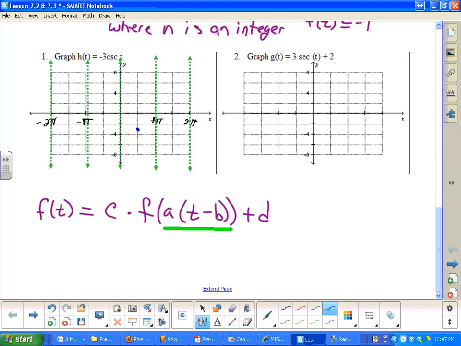At pi over 6, cosecant was equal to 2, right? And 2 times negative 3 is negative 6. So we're going to be reasonably close to the asymptote there, reasonably close to the asymptote at pi, and then we draw our graph.